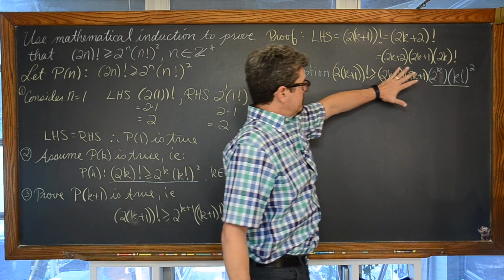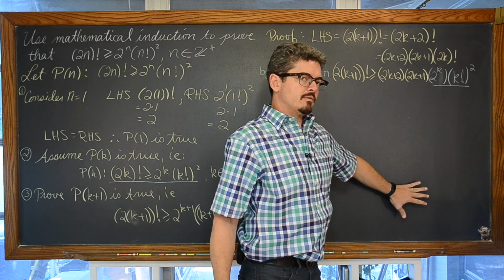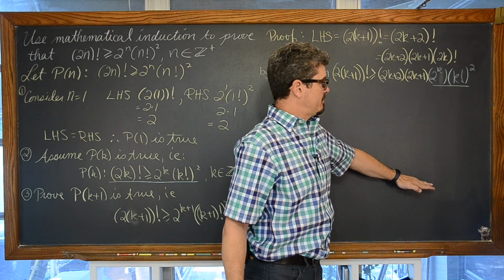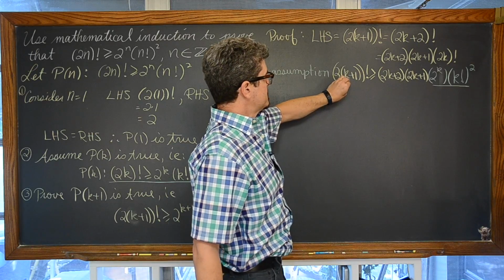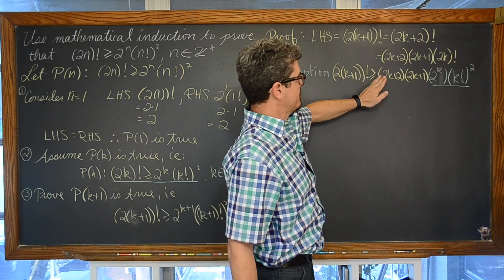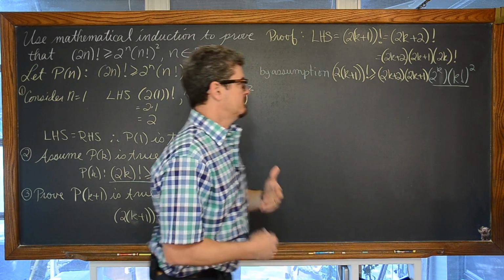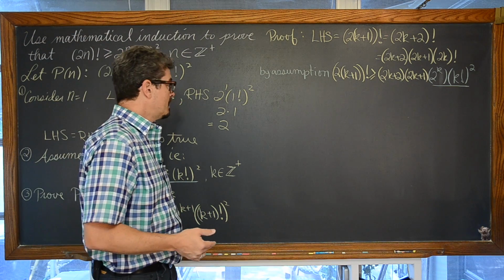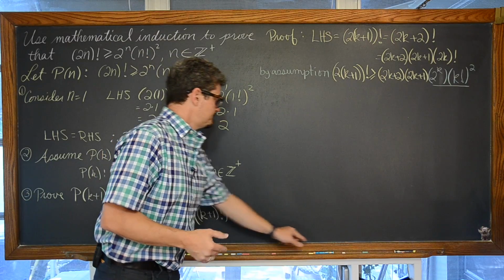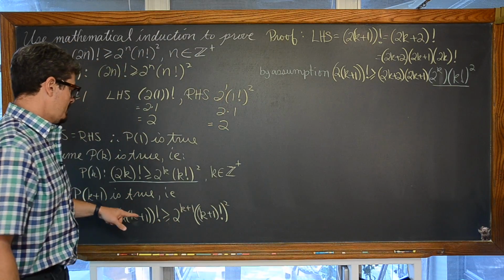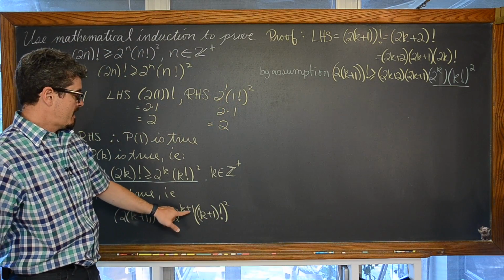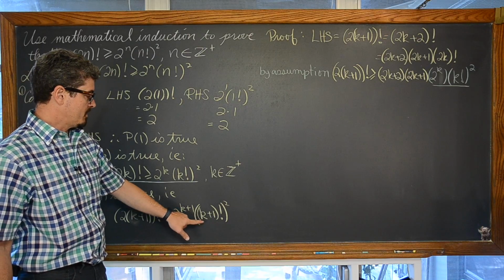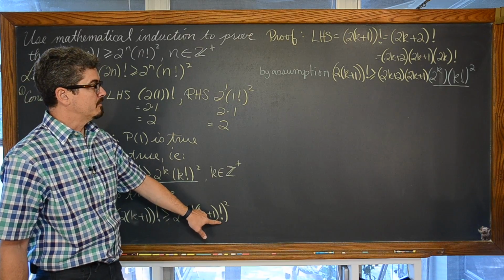So hopefully, every line we go from here, this 2 times k plus 1 factorial is going to be greater than or equal to whatever we simplify through. Okay, so what do we do? Well, again, we're trying to make this 2 to the k plus 1 show up, and we're looking at a k plus 1 factorial.